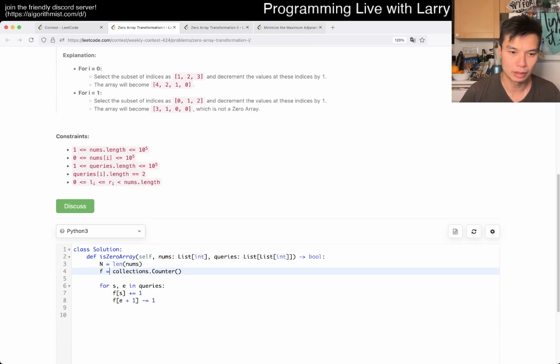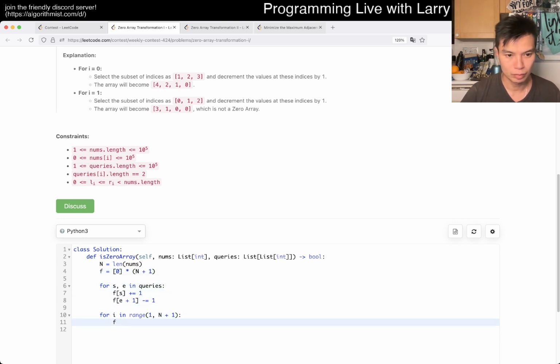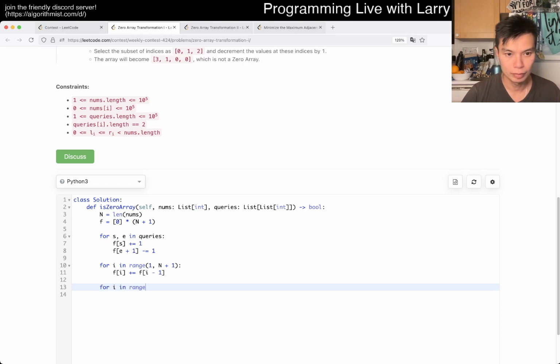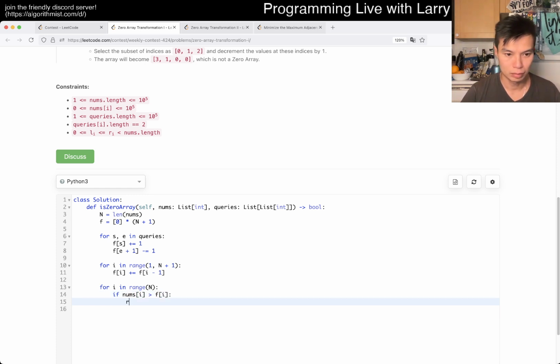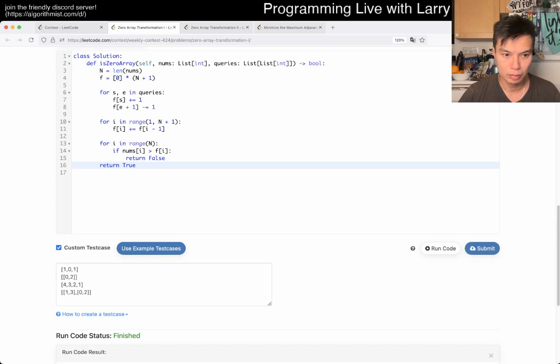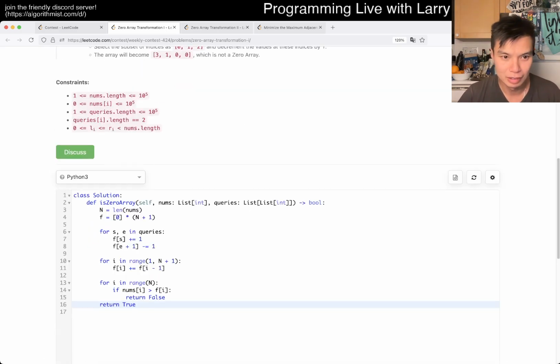I guess this doesn't need to be this. Brute force, I mean, that could be very easy.